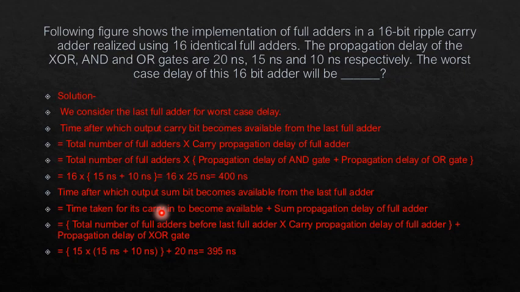The time after which the output carry bit becomes available from the last full adder is the total number of full adders times the carry propagation delay, that is the propagation delay of the AND gate plus the propagation delay of the OR gate. That will be equal to 400 nanoseconds for the given problem, and the time taken for its carry in to become available plus the sum propagation delay of the full adder is 395 nanoseconds. So this is how we have to find the worst case delay of the ripple carry adder.